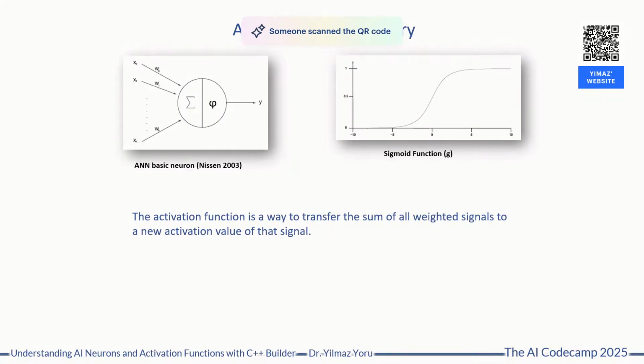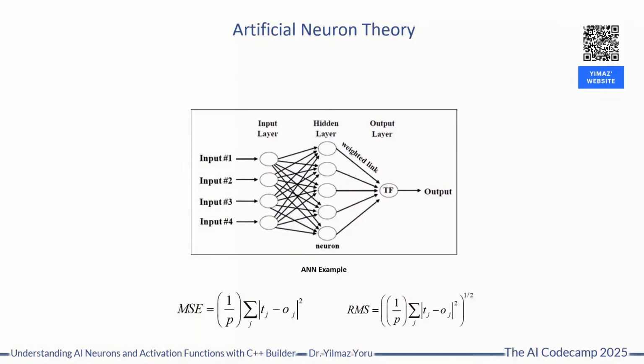In other words, the activation function is a way to transform the sum of all weighted signals into a new activation value of the signal. There are different types of activation functions. Now we can connect each of these artificial neurons to other neurons, and then we obtain an artificial neural network.